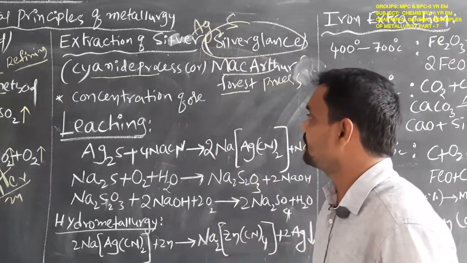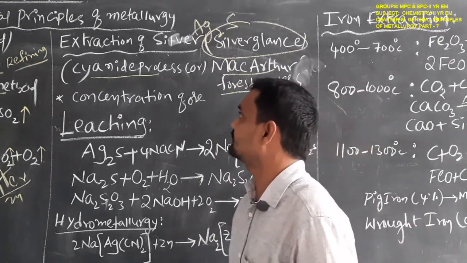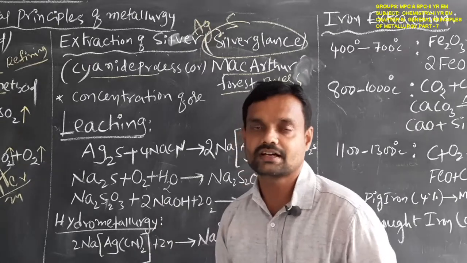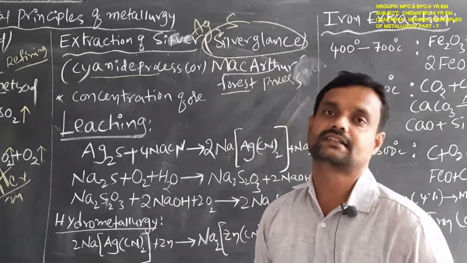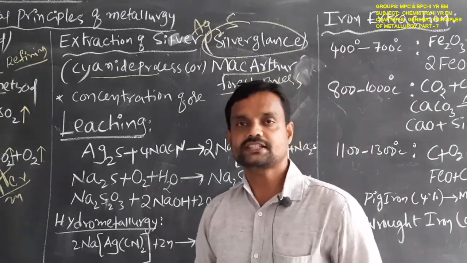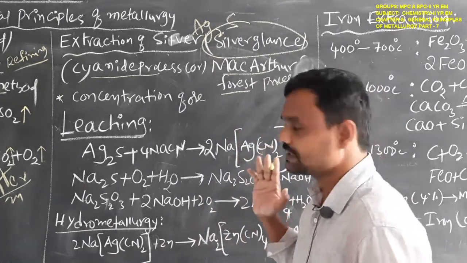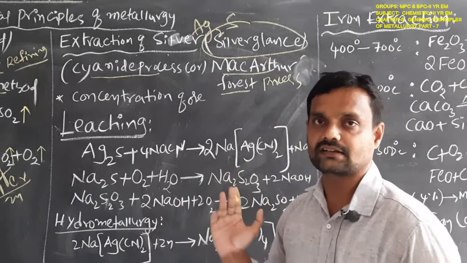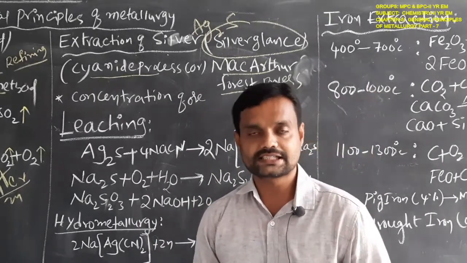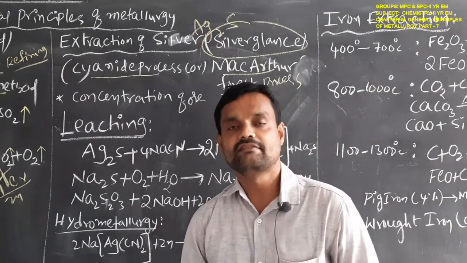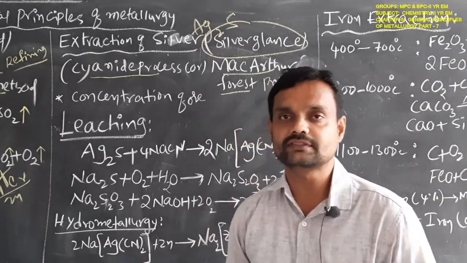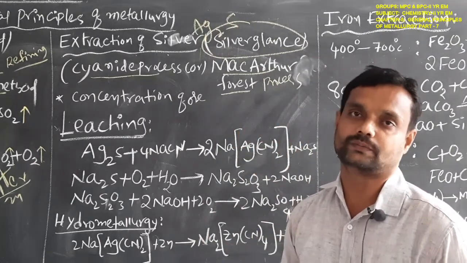What are the steps and reactions involved in the extraction of silver from silver glance? Let us see. The first step is the same as before, crushing or grinding. Using ball mills, the silver glance ore is crushed and ground, and finally we get the powdered form of the silver glance ore.